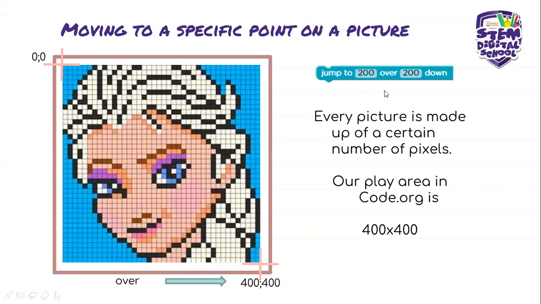So 200 over means we will have moved 200 blocks from the left to the right. 200 down is we'll move 200 from the top down. So because our screen is 400 by 400, 200 by 200 will be right in the middle.